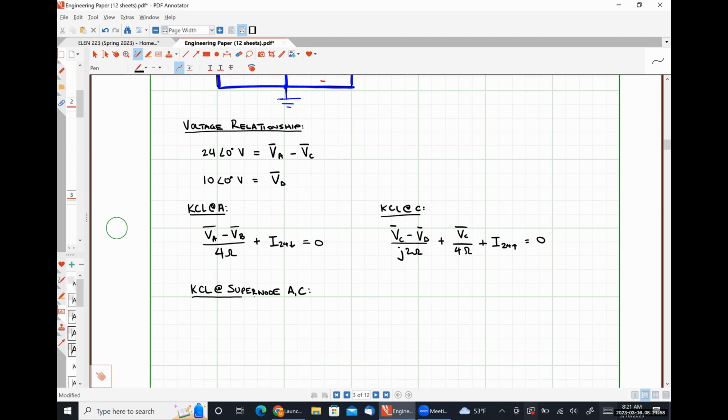AC, okay? And so that's going to look like VA minus VB over 4 ohms plus I-24 down plus I-24 up plus VC minus VD over j2 ohms plus VC over 4.